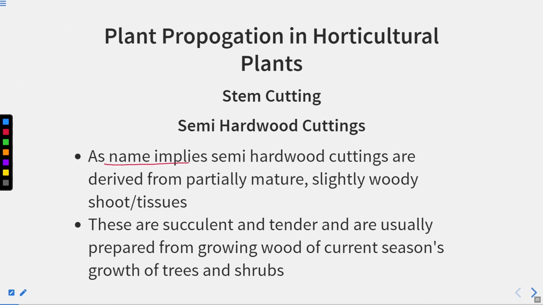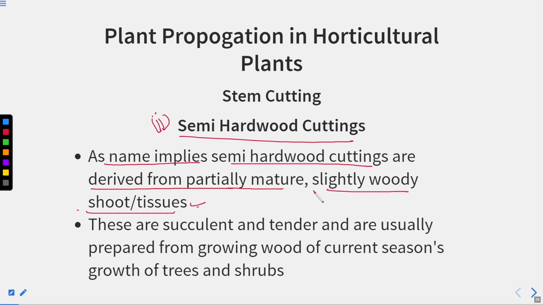So, as the name implies, semi hardwood cutting. This was the description about the herbaceous plant. Now the semi hardwood cutting. As the name implies, semi hardwood cuttings are derived from partially mature, slightly woody shoot tissue. So this is quite hard, it is quite woody.